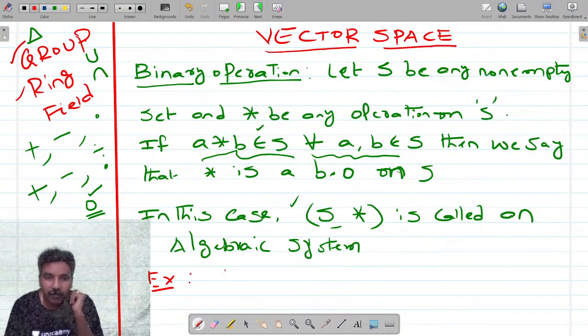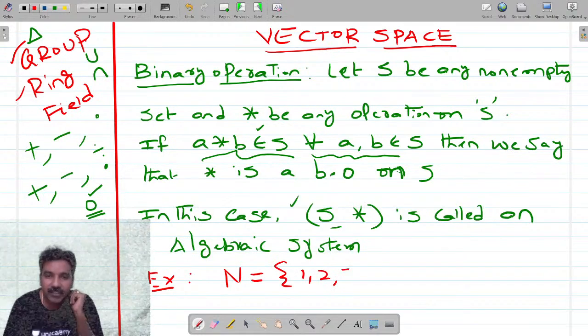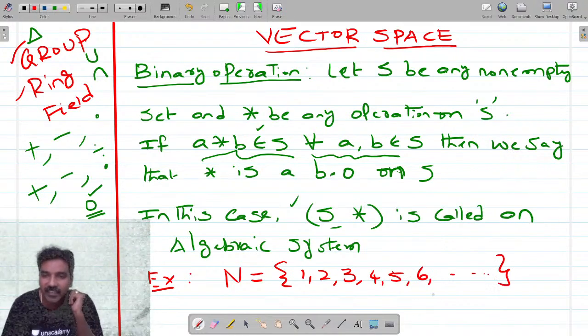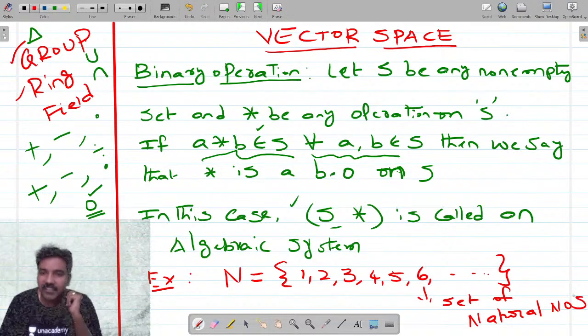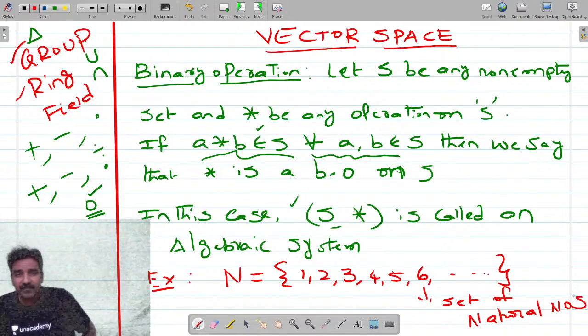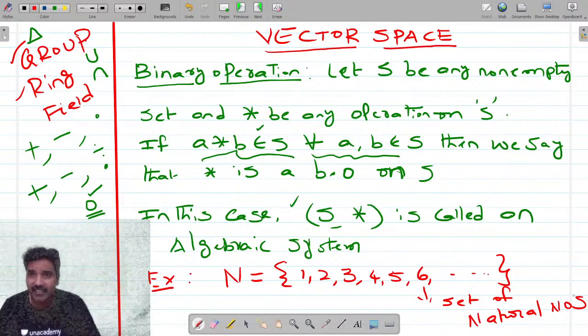Suppose I am starting with set N. N stands for set of natural numbers. So my numbers are 1, 2, 3, 4, 5, 6 and so on. This is the set of natural numbers. Let us see whether N comma plus is an algebraic system, or N comma dot, or N comma minus.